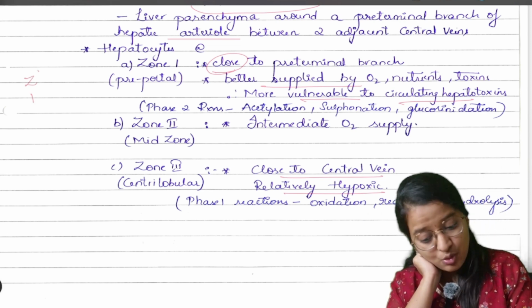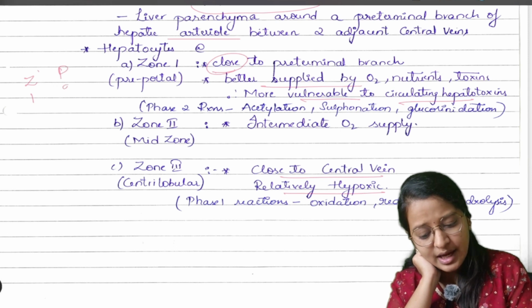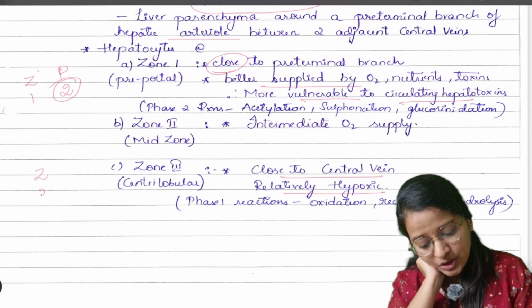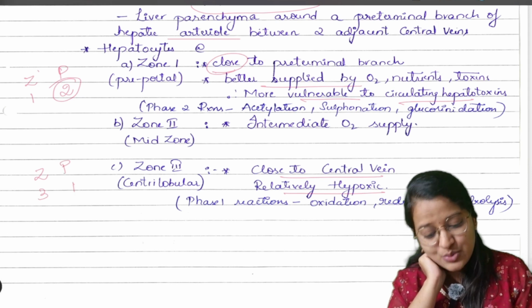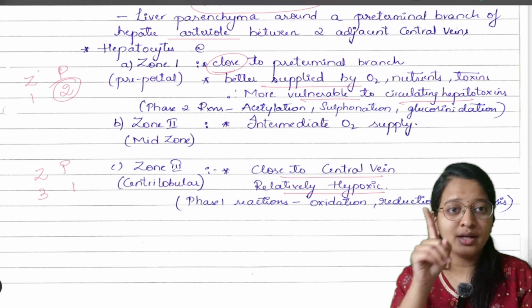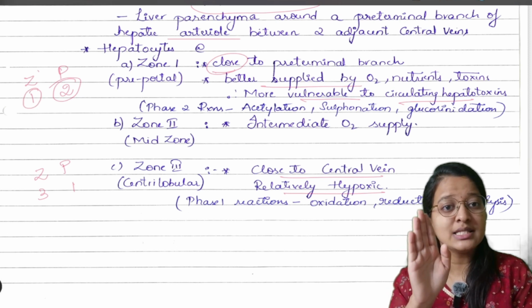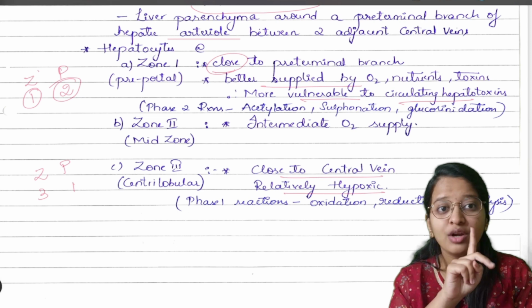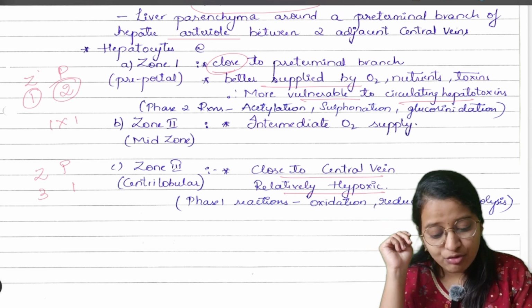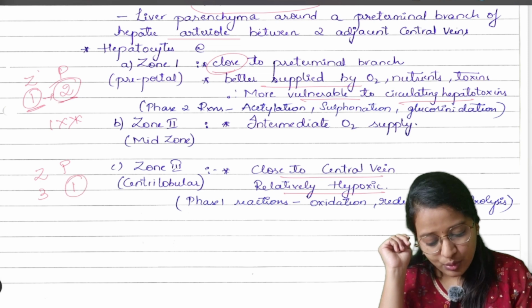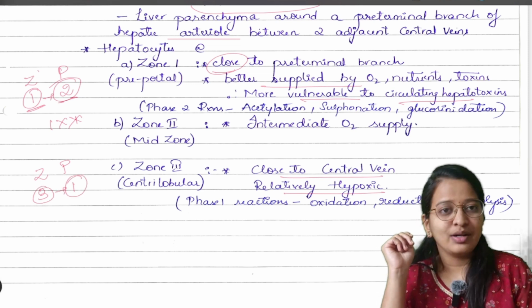In zone 1, there are phase 2 reactions, and in zone 3, phase 1 reactions take place. Don't get confused between zone 1 and phase 1. In zone 1, it is phase 2, not phase 1. Zone 1, phase 2. The remaining zone 3 has phase 1 reactions.